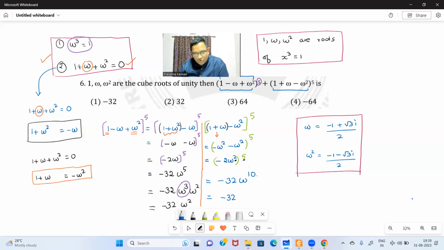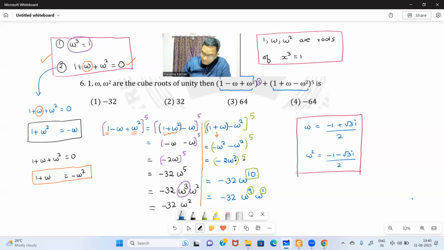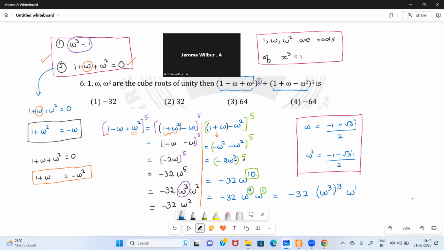Now, how can I write omega power 10, students? I can write it as omega power 9 into omega power 1. So that becomes minus 32 into, can you tell me what is omega power 9? Omega 3 the whole cube. Exactly.